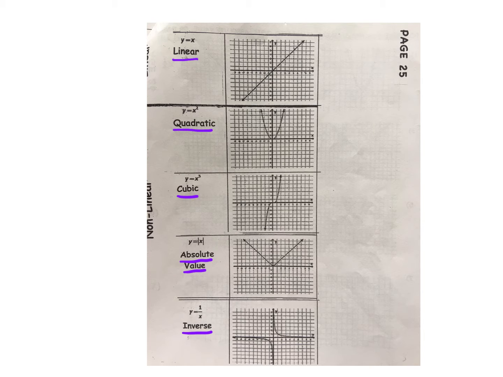The key to identifying the graph of a linear equation is the fact that we see it graphs as a straight line. This particular line passes right through the origin. We know it's proportional. K times X equals Y is the form of that equation.